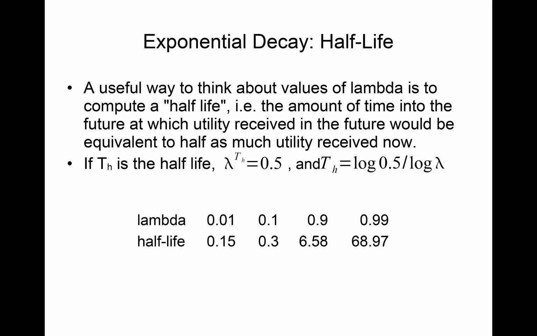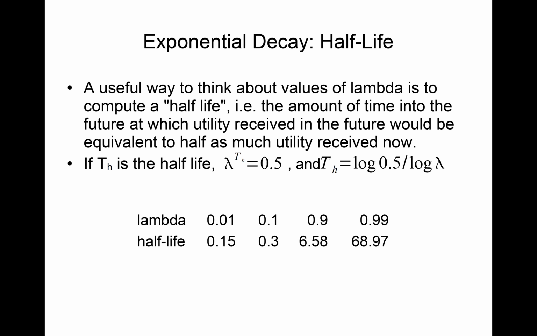So you could take any lambda, and if you're trying to understand it in terms of half-life, you say, well, what is the amount of time such that when I raise lambda to that quantity, I get 0.5, because that means I lost half of my initial value. Okay, which means that the half-life, just solving this by taking logs on both sides, is the log of 0.5 divided by the log of lambda.